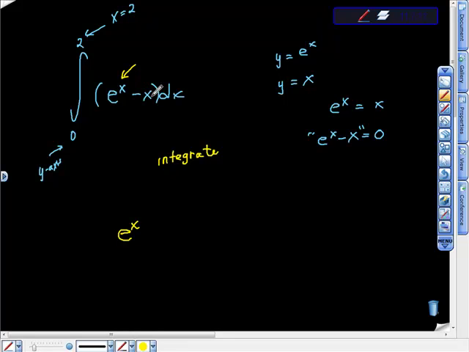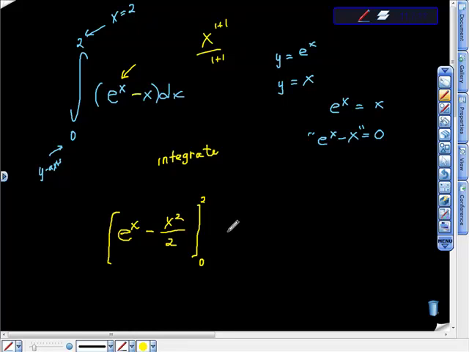But the integral of x, with this negative sign, is this one, isn't it? And then remember what we did is we had x to the first over 1, didn't we? We added 1 to the exponent and divided by that, so we'd get x squared over 2, right? And then we have to say that we're going to evaluate this from 0 to 2.